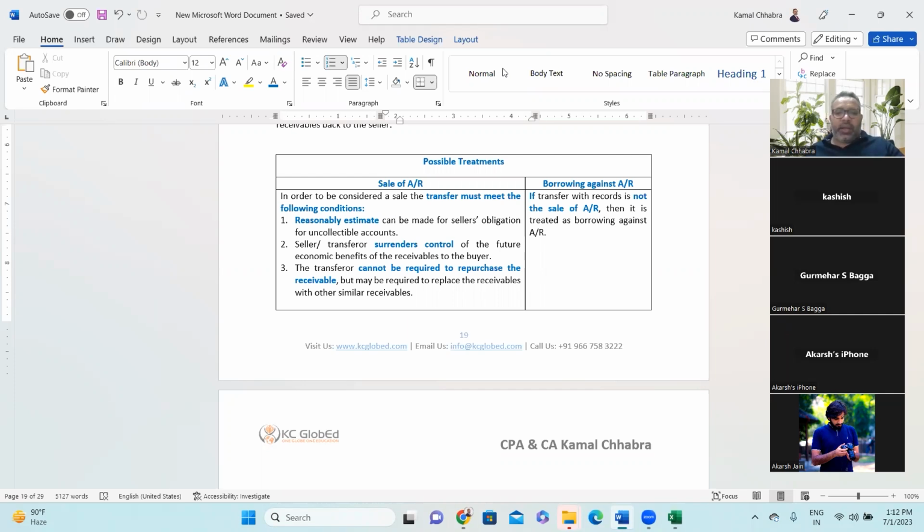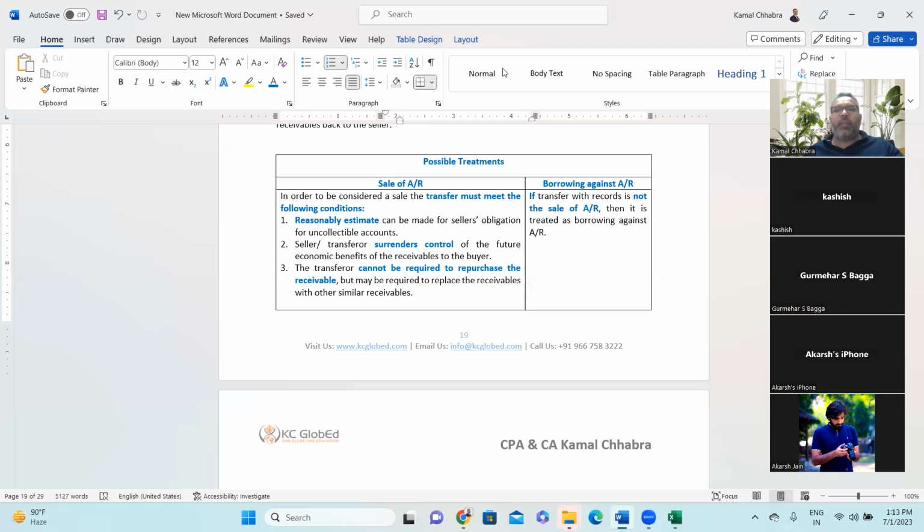Third, the transferor cannot be required to repurchase the receivable, but may be required to replace the receivable with other similar receivable.